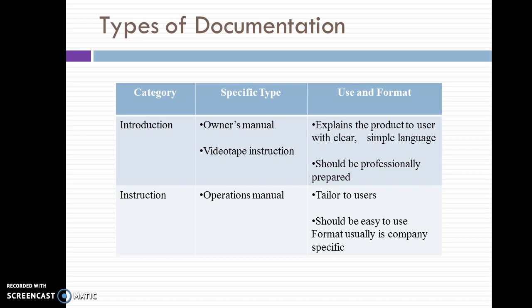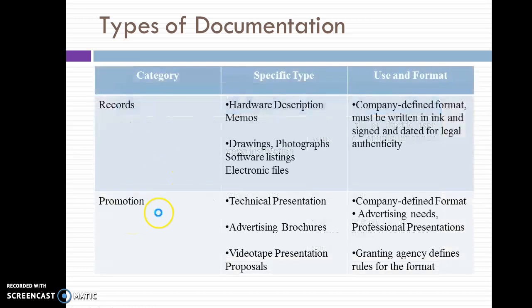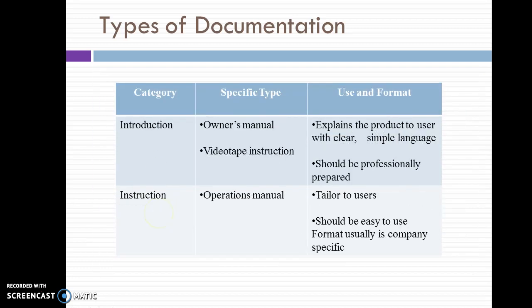Here we are going to see various types of documentation. The documentation is divided into many categories: introduction, instruction, records, promotion. Introduction means the owner's manual or a product manual, or documentation in the form of videotape instructions.